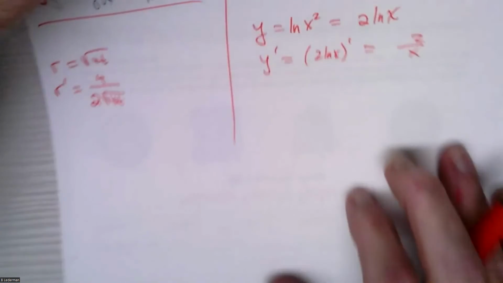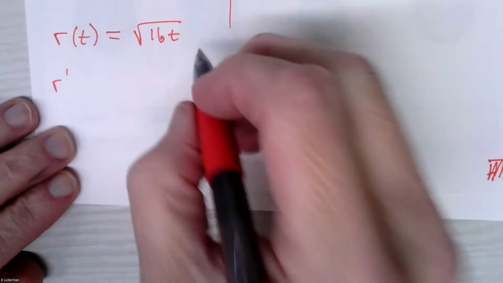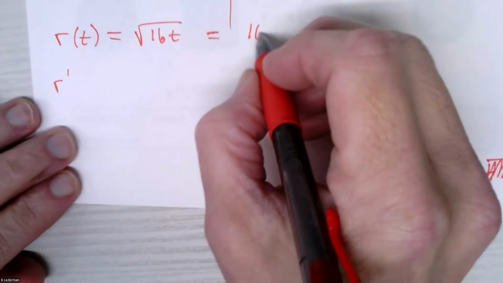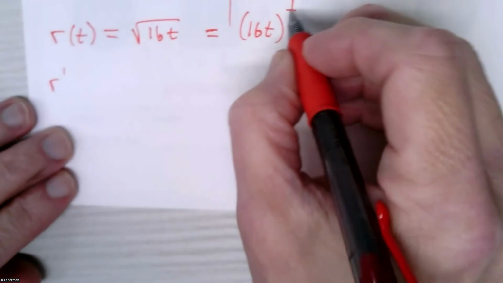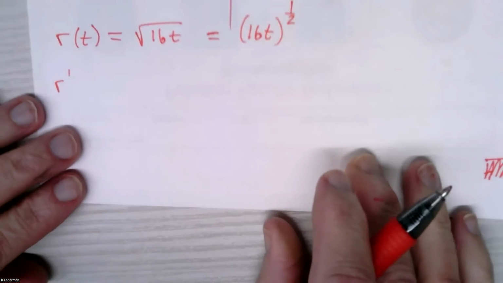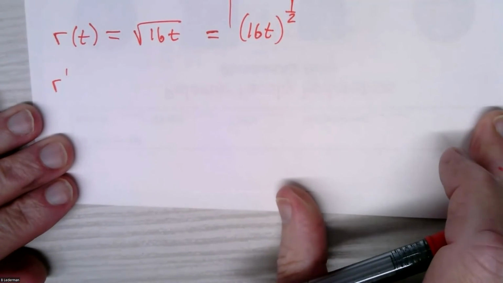Okay, so here we go. R of t equals the square root of 16t. Now, R prime. This is equal to 16t to the 1/2 power. In calculus, it's sometimes easier if you write with exponents.